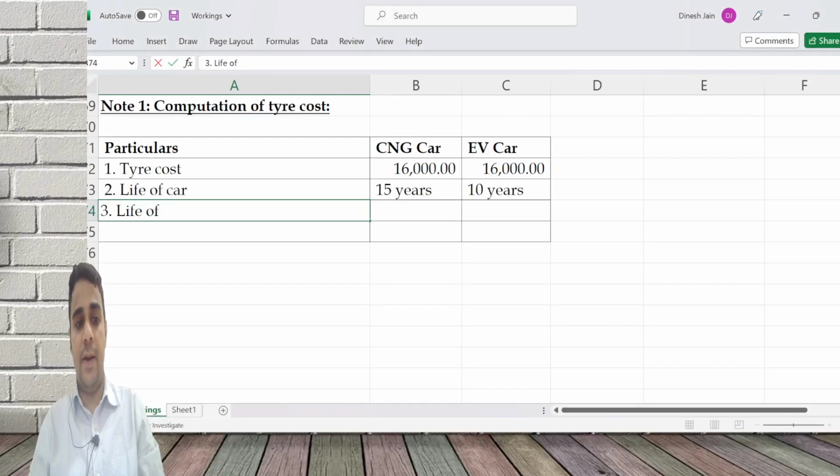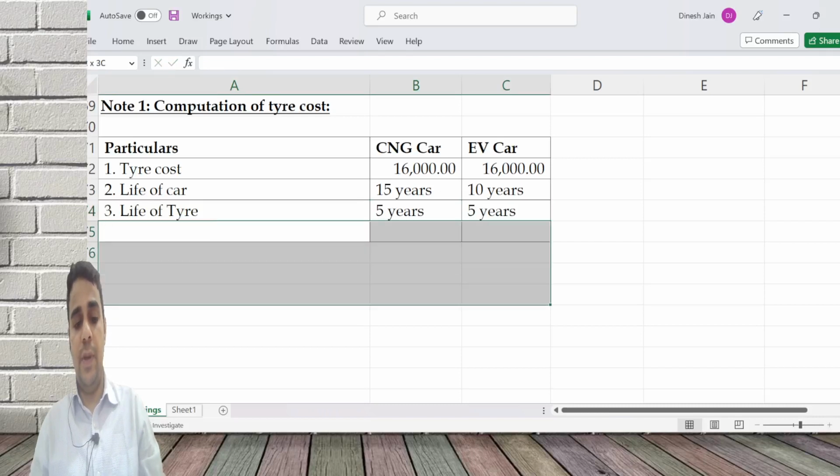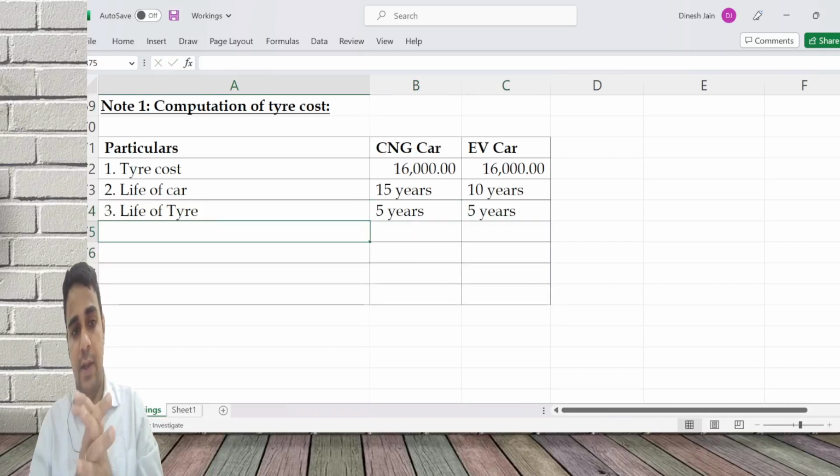Life of tire: 5 years and 5 years. The tire needs to be replaced every 5 years. The life of the car is 15.